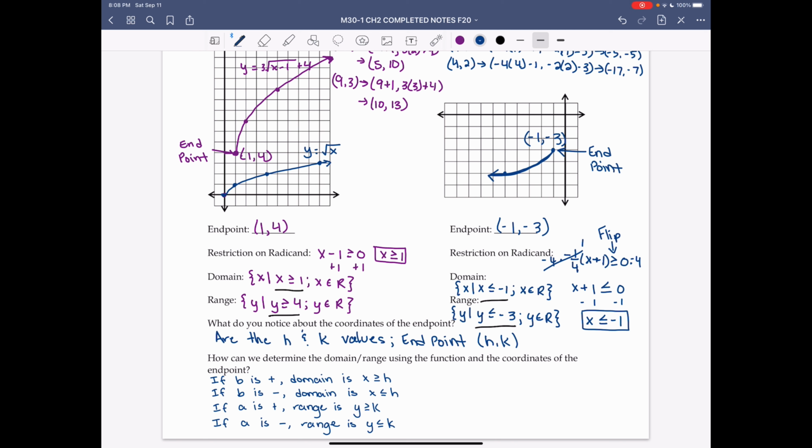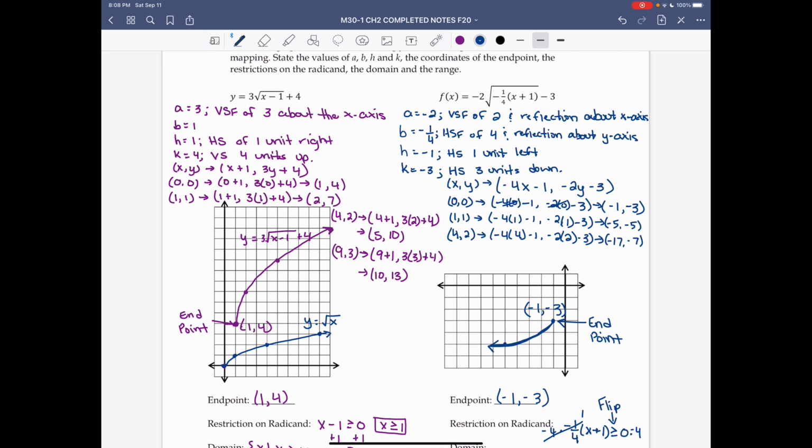We can see this with our two functions above. In the first one, we have a positive b value and h is 1, and our domain is x is greater than or equal to 1. Then for the range, we have a positive a value and k equals 4, and the range is y greater than or equal to 4.